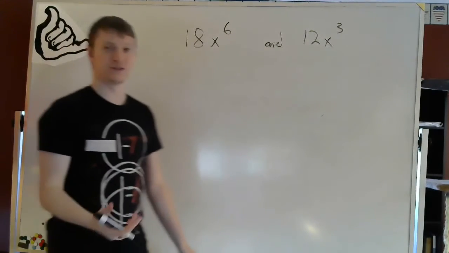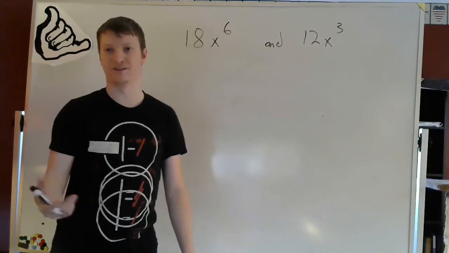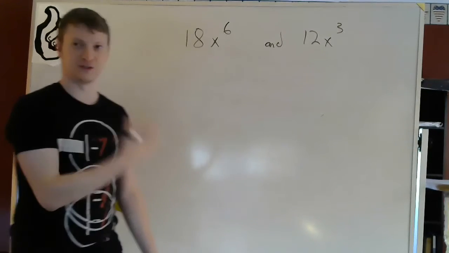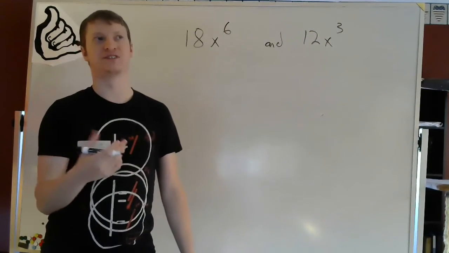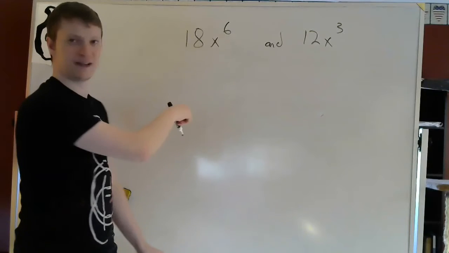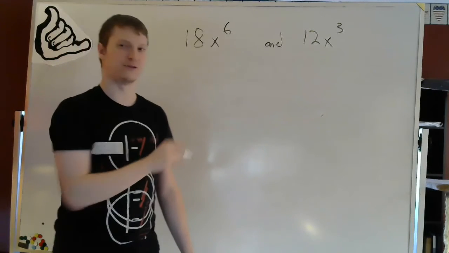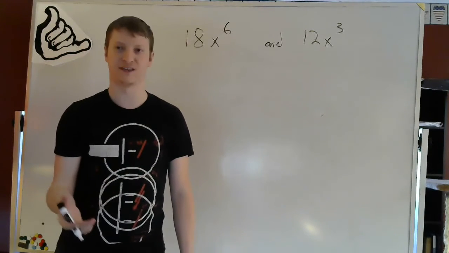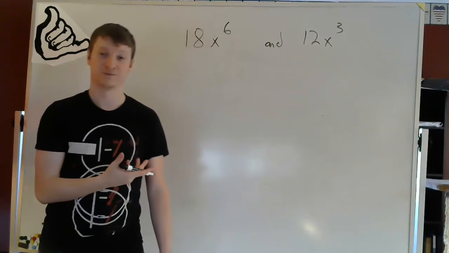If you're not sure right off the top of your head, and maybe you are, you can say to yourself, oh, the number 6 goes into 18 and it goes into 12, and there's no number bigger than 6 that goes into those numbers evenly.